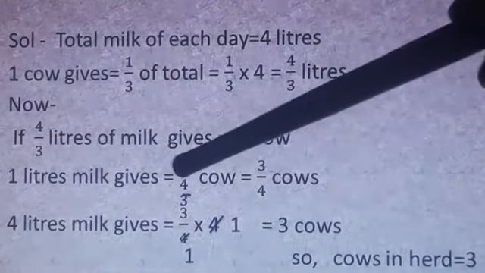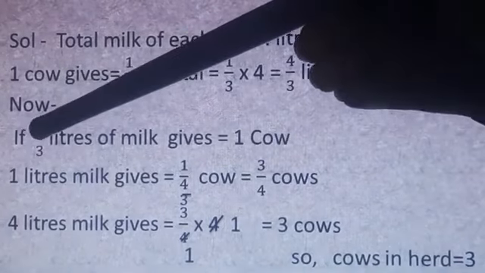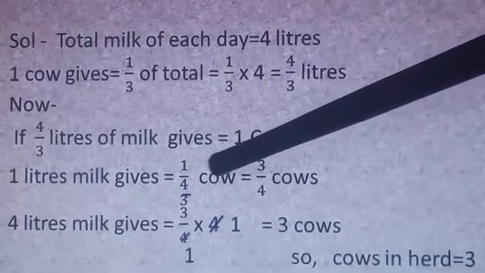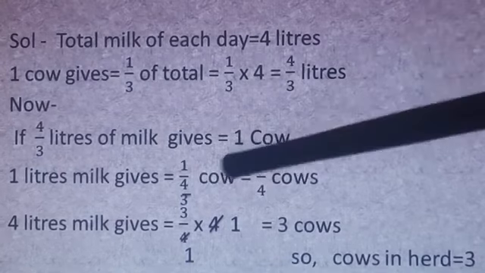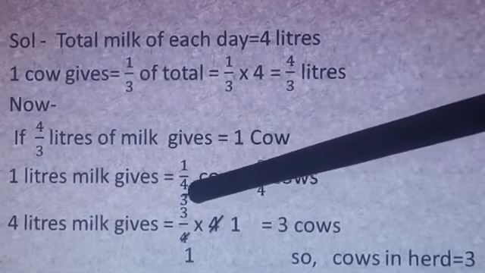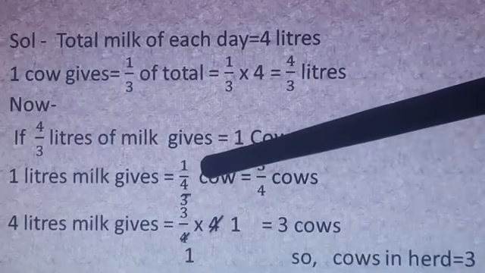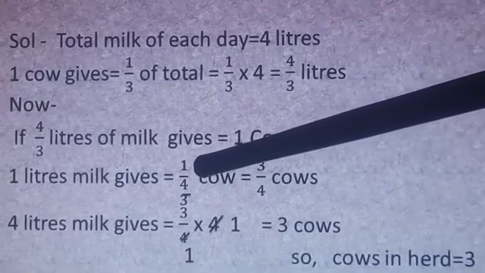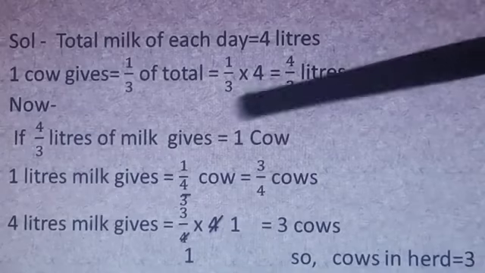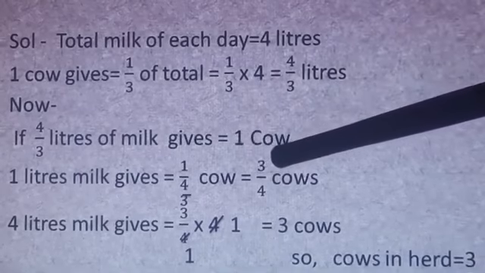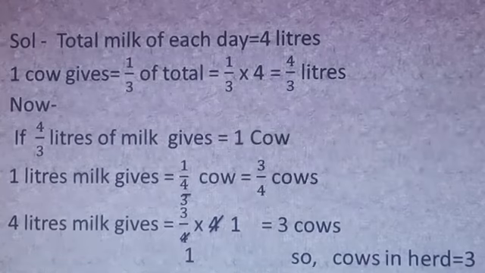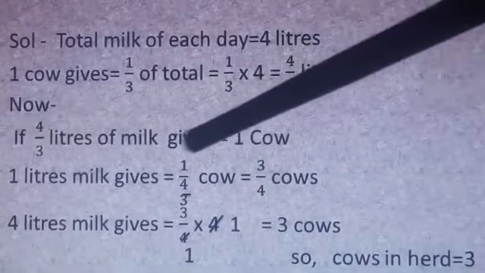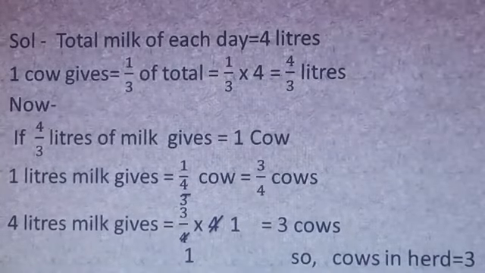Then 1 liter of milk gives, एक के लिए निकालने हैं तो 4 upon 3, 1 के डिनोमिनेटर में आ जाएगा. 1 upon 4 upon 3. अब देखिए बेटा, 1 upon 4 upon 3. This 3 will be shifted here with numerator. So it will become 1 into 3, that is 3 only. So this fraction will become 3 upon 4 cows. So 1 liter milk gives 3 upon 4 cows.